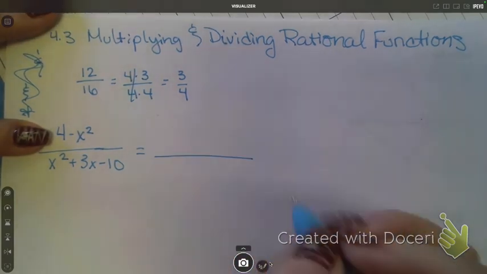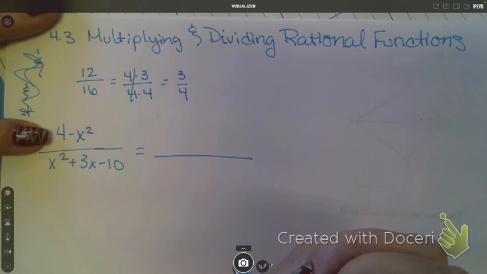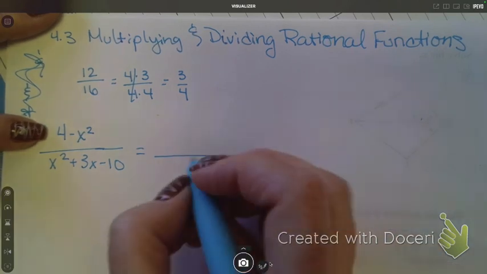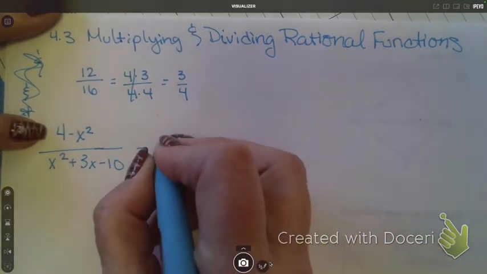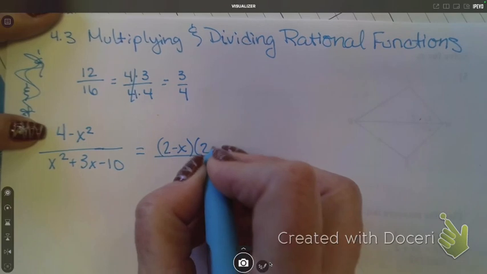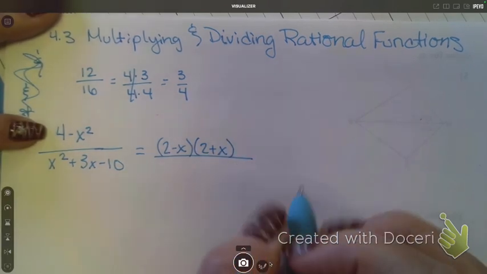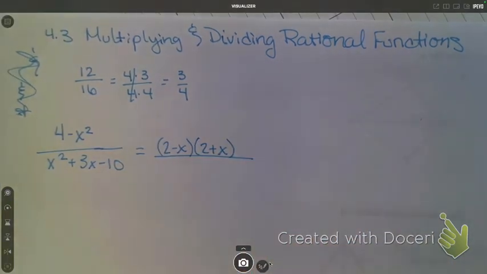Factor it. That would be 2 minus x and 2 plus x. Why can't you just flip them around? It would change the signs, wouldn't it?